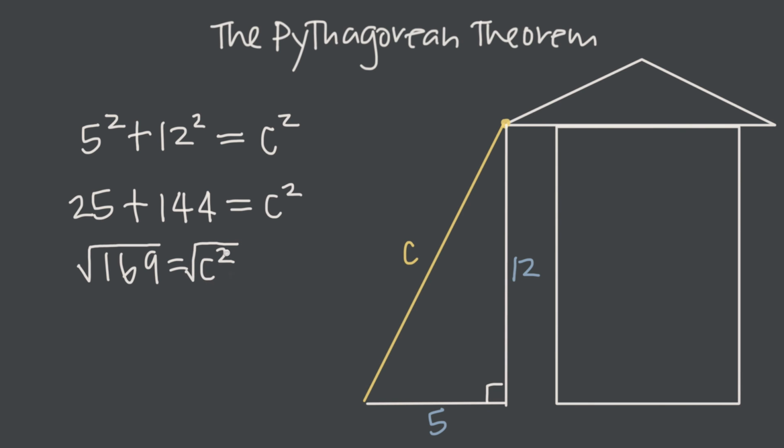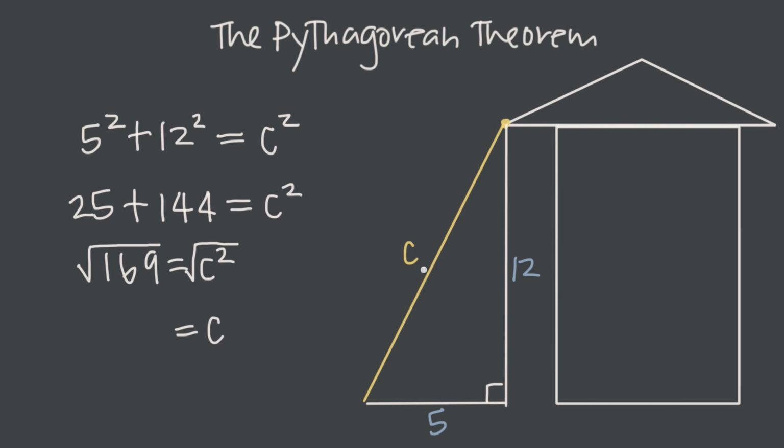Now, the square root of c squared is c, and the square root of 169 is either positive 13 or negative 13. But remember, with the Pythagorean theorem, we're always dealing with right triangles, and it's impossible for the length of any side of a triangle to be negative and for that triangle to still exist.